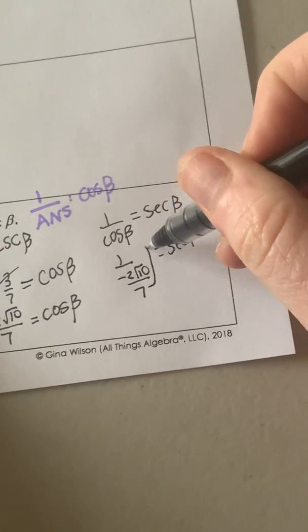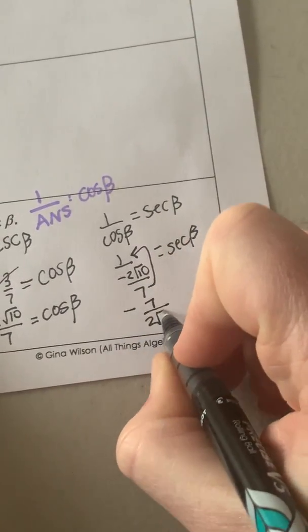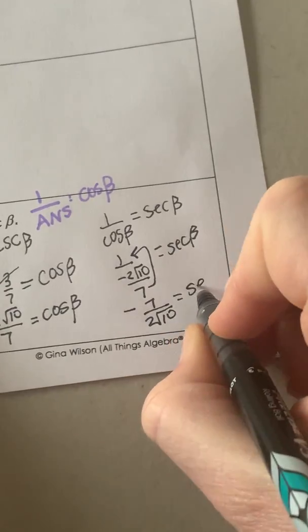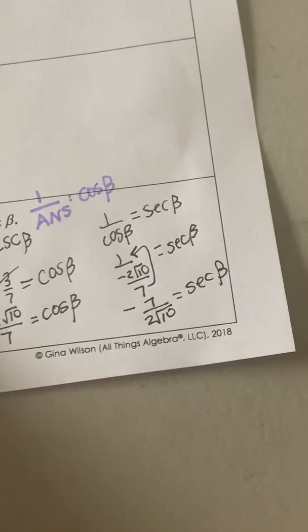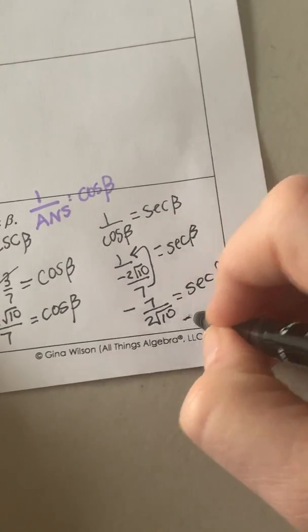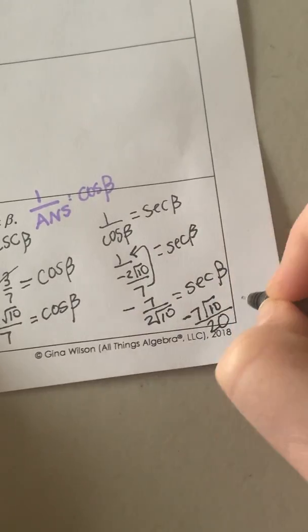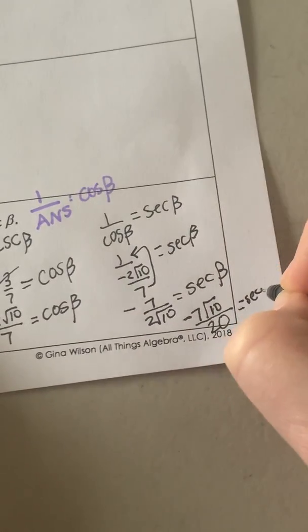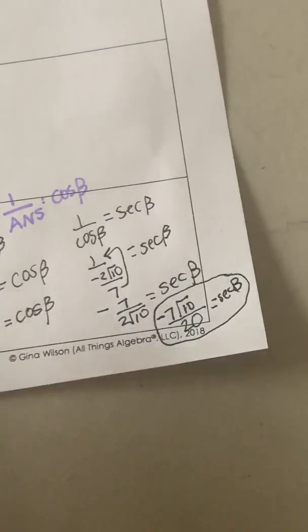So then the 7 will come up, and I'll have -7 over 2 root 10 is secant beta. Then rationalize there, and we'll get -7 root 10 over 20 is secant beta. Okay?